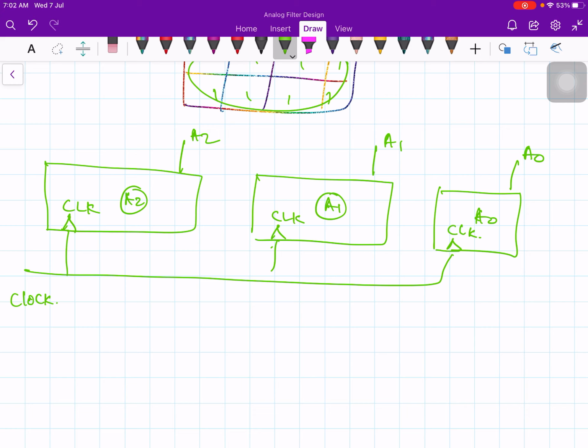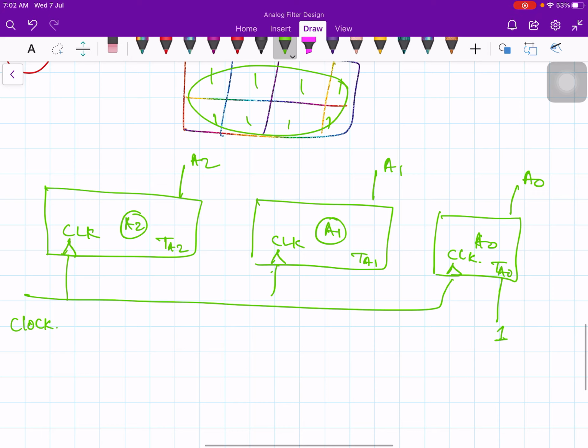Now how are these inputs connected? This is TA2, TA1 and TA0. TA0 is 1, right? So therefore TA0 is connected to permanently logic 1. What about TA1? TA1 is A0. So take this A0 and connect it to TA1.